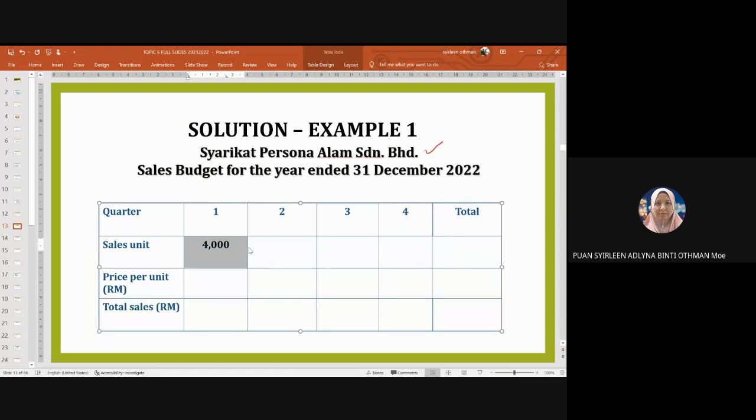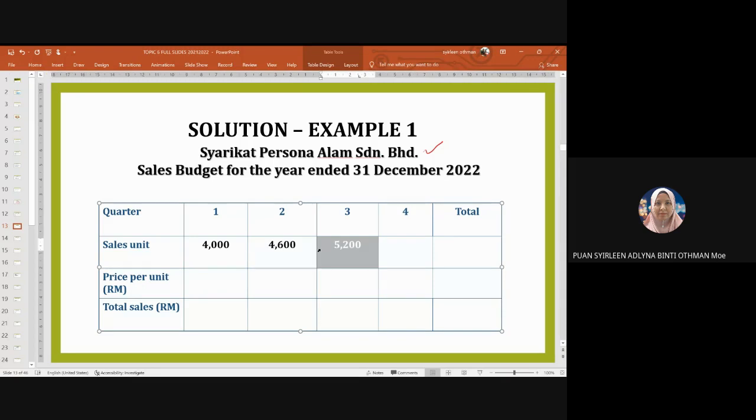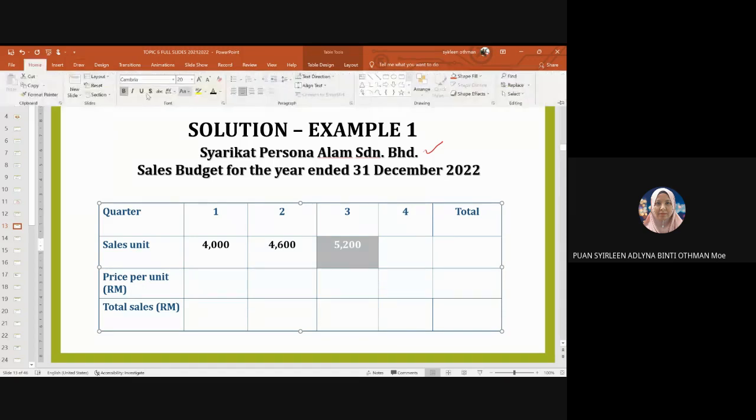Alright, so the second quarter will be 4,600. Sebab kita tambah 600 every succeeding quarter. Okay, so the third one will be 5,200.